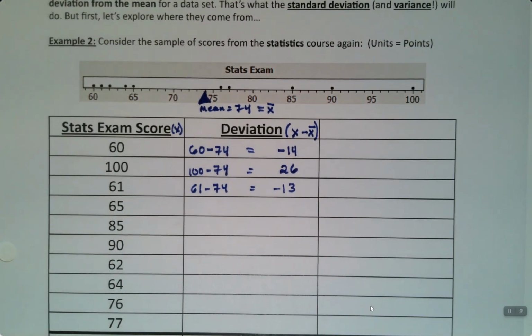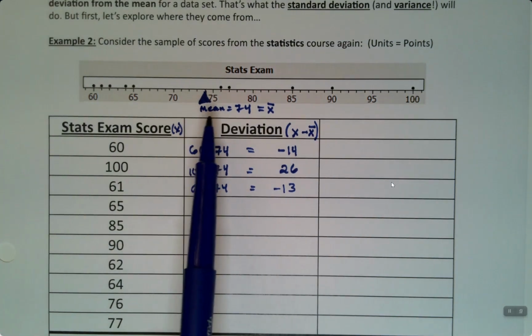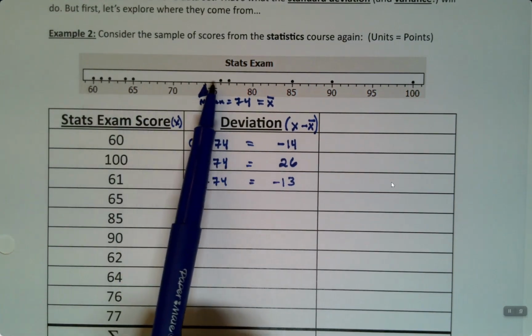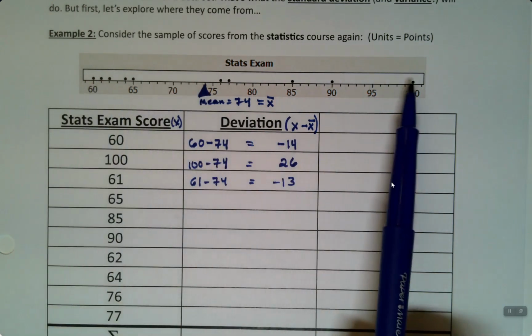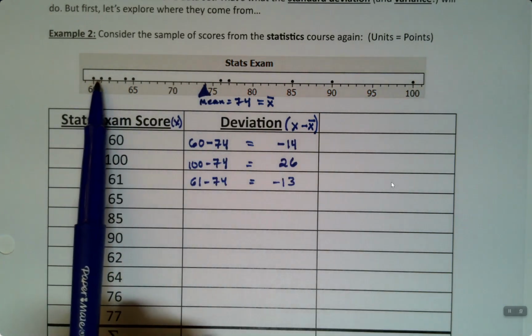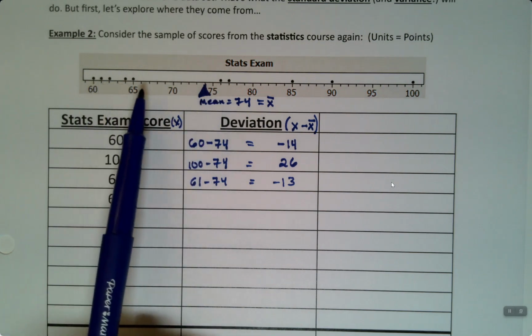Oh, and for the record, and I'll mention this again either later in this video or in the next video, we will never do this by hand again. This is a one-time only deal so that we can kind of understand what's happening, right? So what we're doing is we're finding the distance of these points from that mean. So this one is 14 below. This one is 26 above. This one is 13 below, and so on. That's what we are doing.